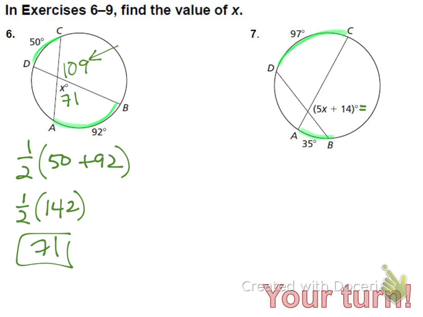You don't plug it in this one. Find what you can't find. Find the angle between 97 and 35. Okay, that's what the angle right next to it equals, right? That's what 5x plus 14 equals, not find x.